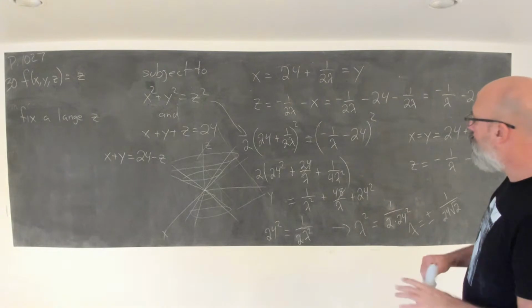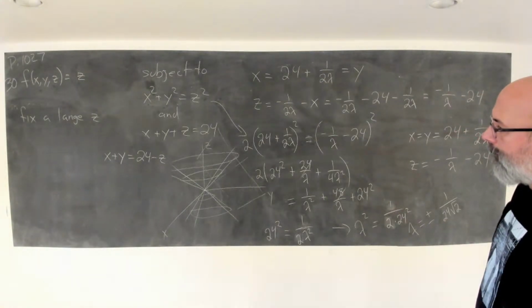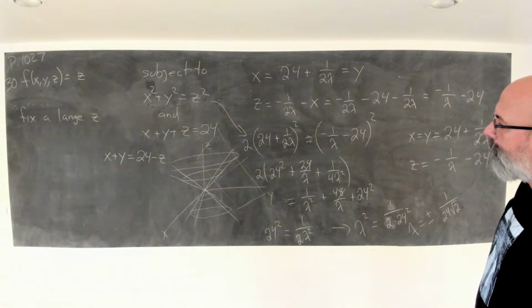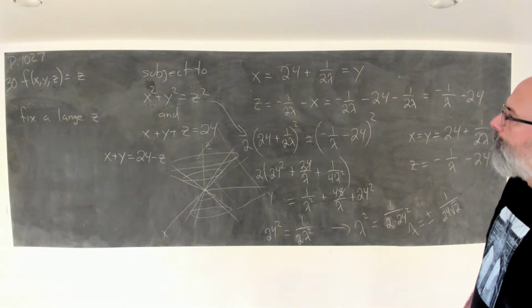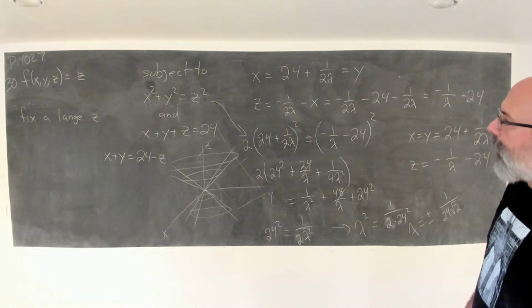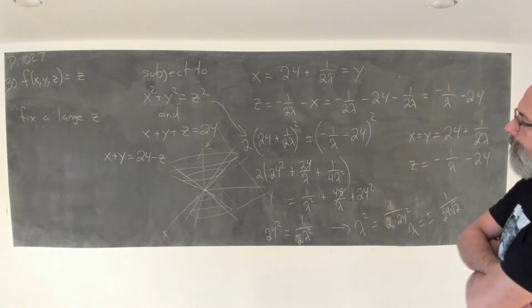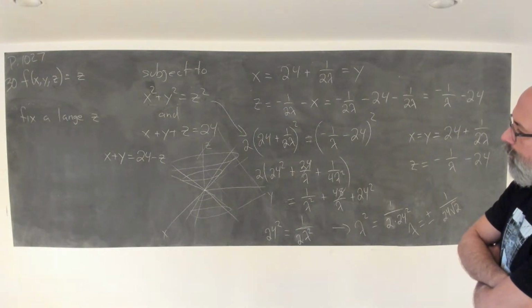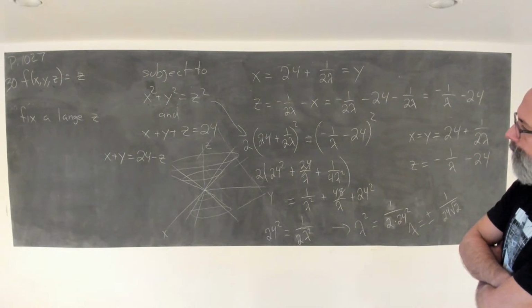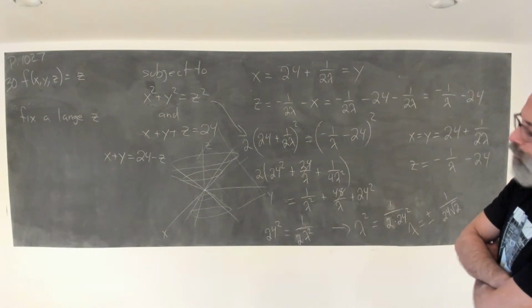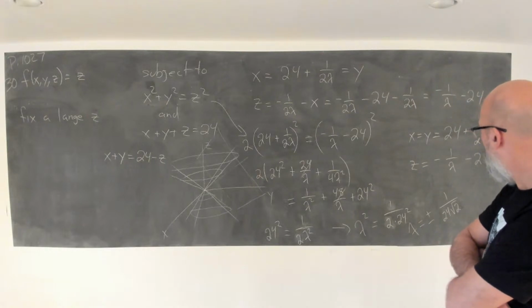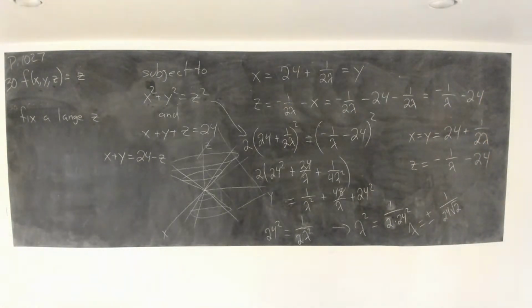Meaning that this function would not have an absolute max. Seems reasonable. So really all we'd be looking for is an absolute minimum.